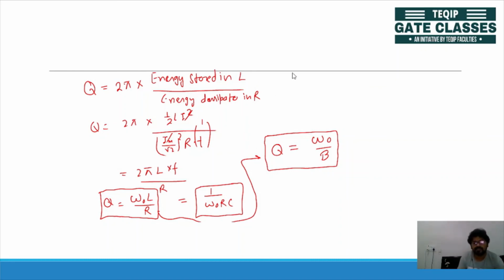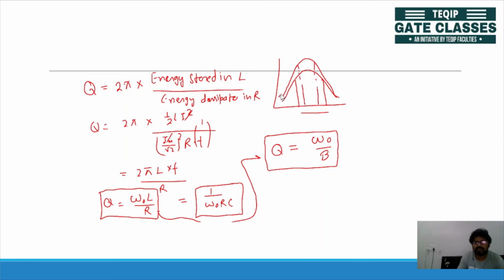Like if you draw the diagram, if the bandwidth will be like this, then for this circuit your selectivity or quality factor is low as compared to this circuit, and for this circuit, if quality factor is high, then your bandwidth will be low.